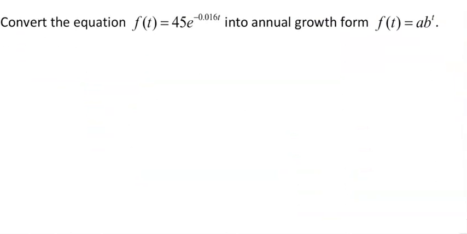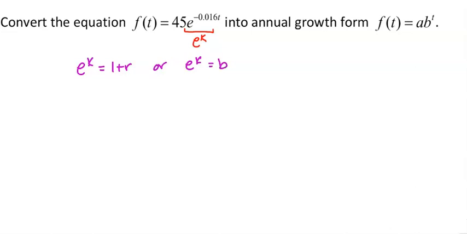Now let's come back to our problem. Let's convert the equation that's in its continuous growth form into the annual growth form. This part here is telling us our e to the k value. So we know that e to the k will be equal to 1 plus r, or e to the k is equal to b.